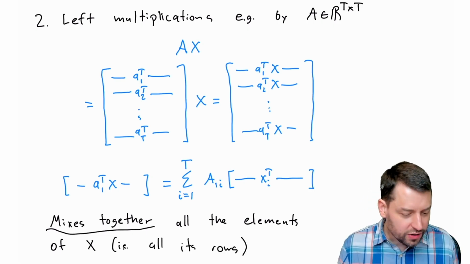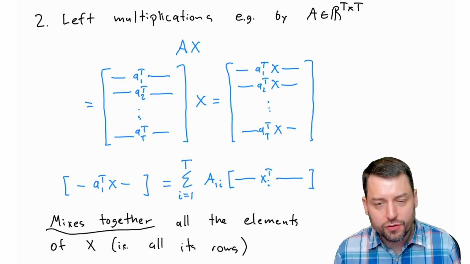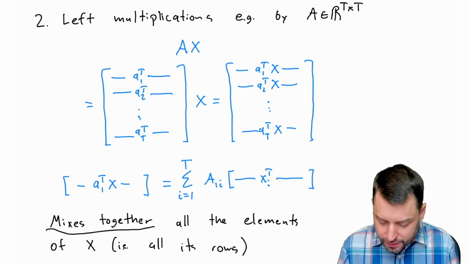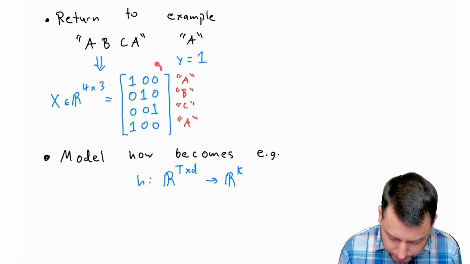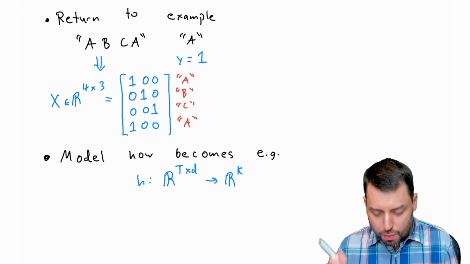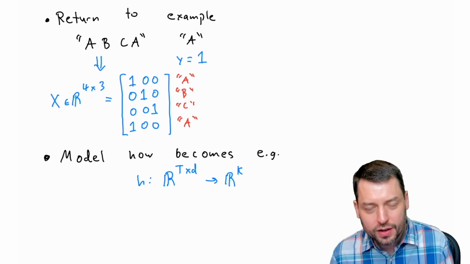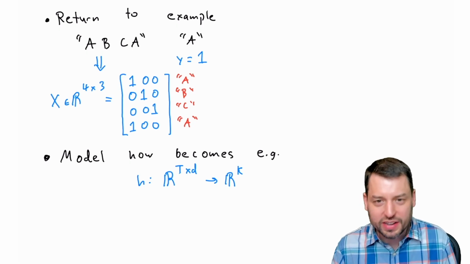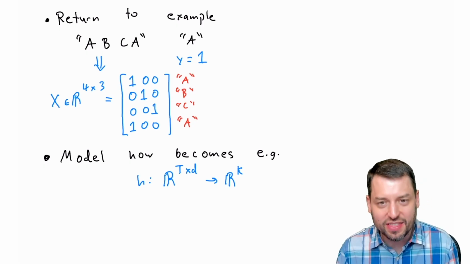This is the operation that enables you to share information between the different internal representations for each element in your structured input. Going back to our example of representing text, if we were only able to multiply on the right, we could never capture anything about the order of the words or the structure. We would just be operating on each individual word independently, and every time the same word occurred we would make the exact same prediction, or at least get the same representation.